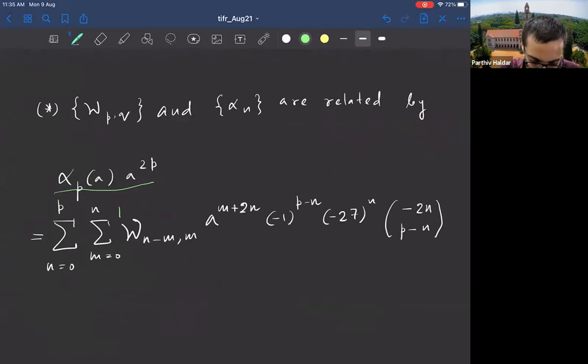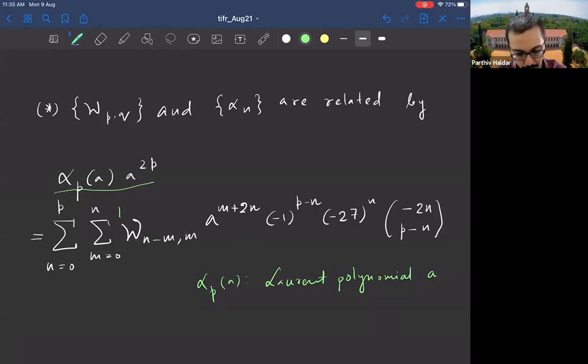In general, it's a Laurent polynomial in A. So alpha p, that means you can see that there can be negative powers of A that can creep into the expression of alpha p. So our goal, or how we will approach the problem, is that the bounds will be put directly on this quantity, and thereby will translate into bounds on the Wilson coefficients.